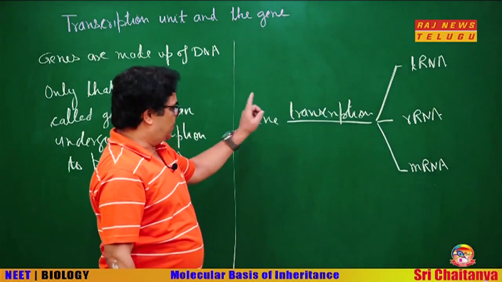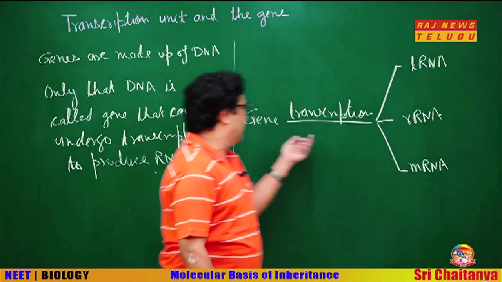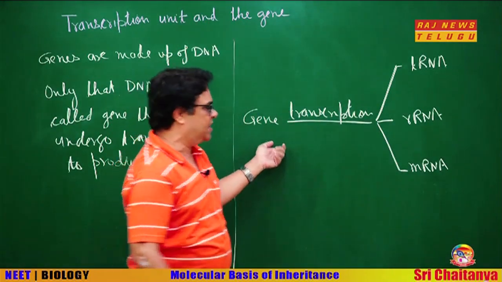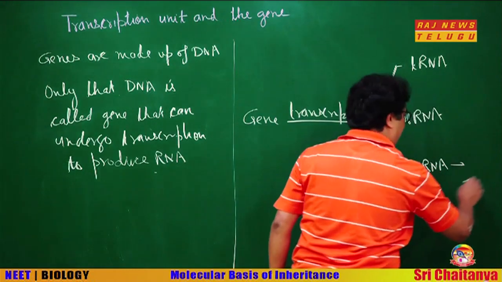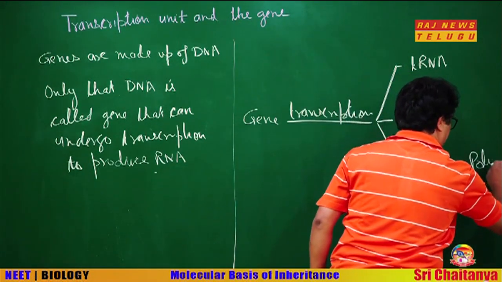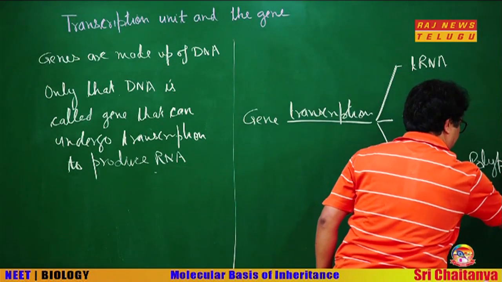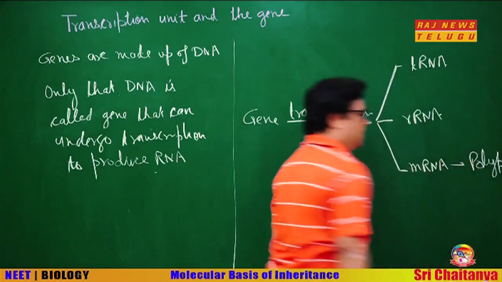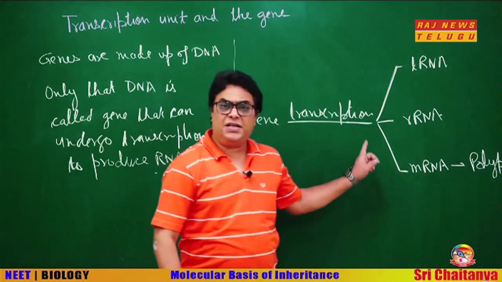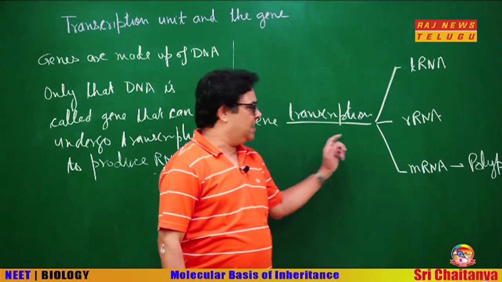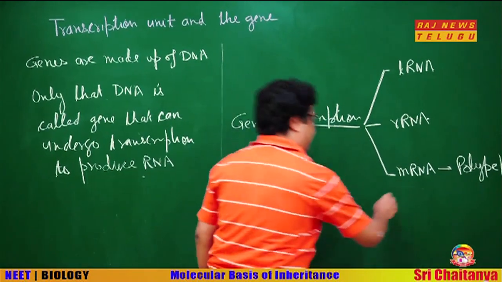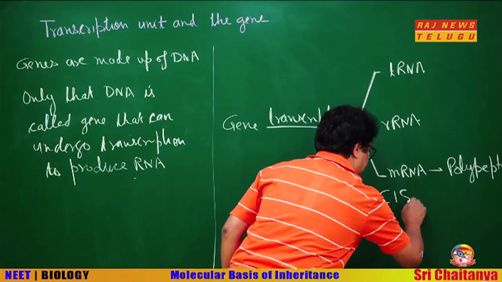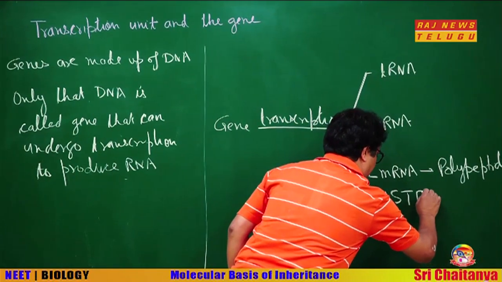Okay. So, any of these, it is a gene if it is undergoing transcription, but only mRNA will produce polypeptide. Only this will produce polypeptide. So, such genes that code for polypeptide are called cistron.